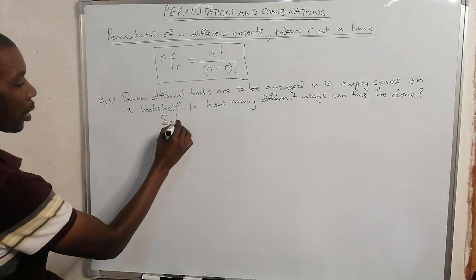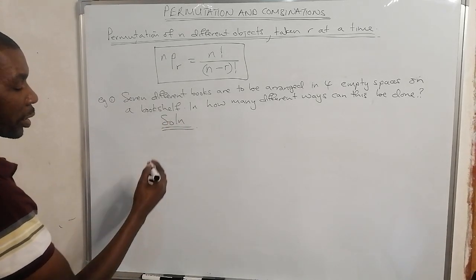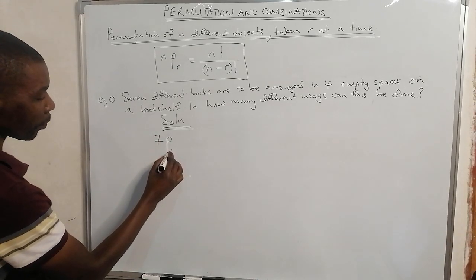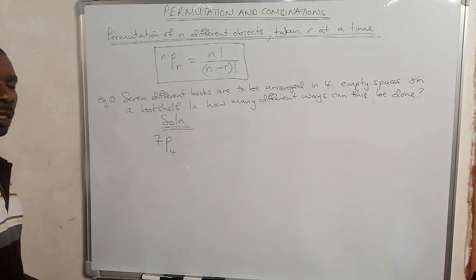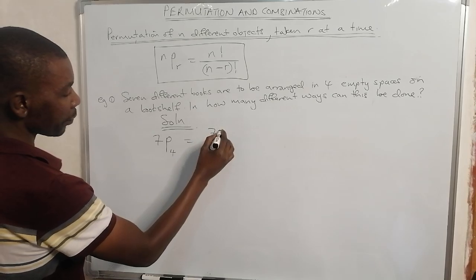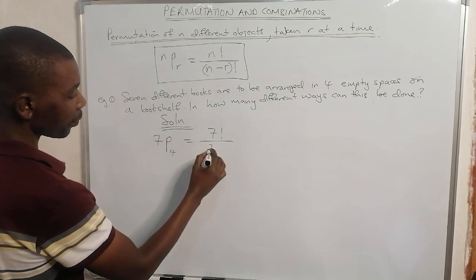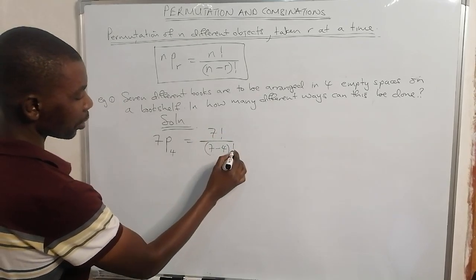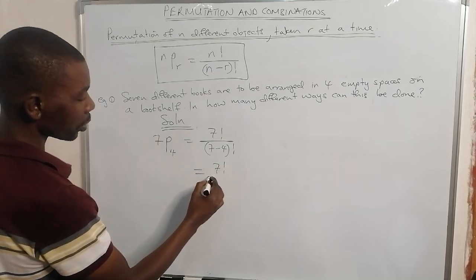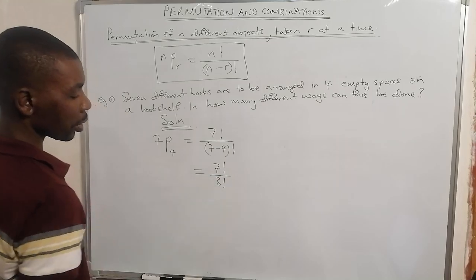Therefore, we have our solution. We want 7 permute 4, since we have 4 different spaces. Therefore, this can be given as 7 factorial divided by (7 minus 4) factorial, which is equal to 7 factorial divided by 3 factorial.